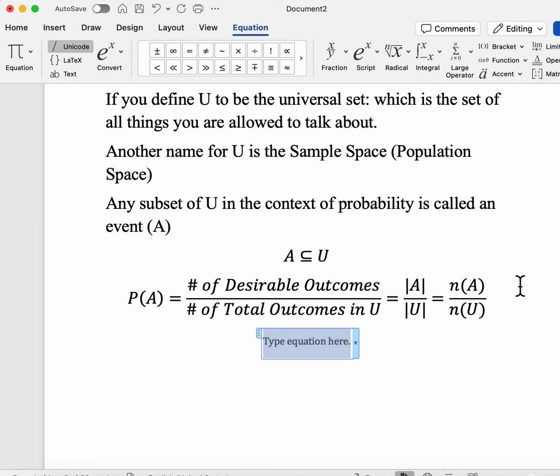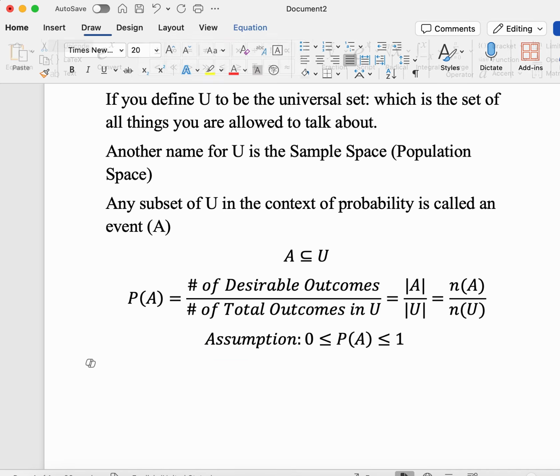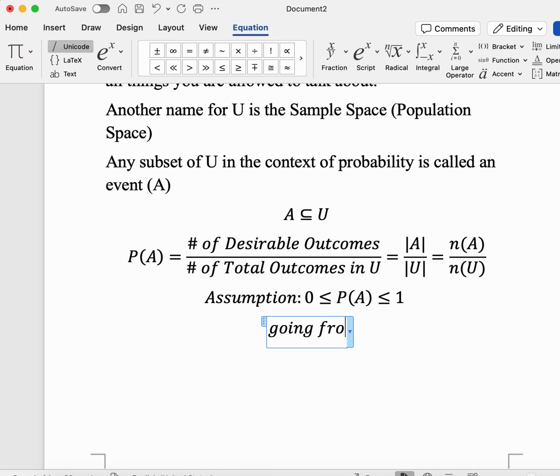Now, there's one assumption we need to make about probabilities, and that's that probabilities are bounded. Probabilities are bounded within the unit interval between 0 and 1, which is basically the same thing as going from 0% to 100%. And these probabilities are basically part of the real numbers.